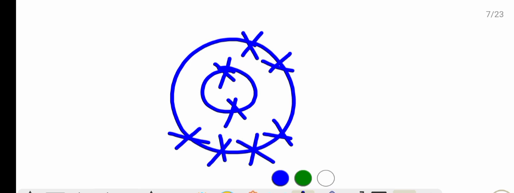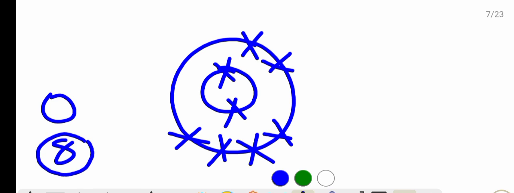We said oxygen has 8 as the atomic number. So these electrons are already 8 altogether. So we are done here. But 2 more will have to be gained. And these 2 can have been donated by maybe magnesium.